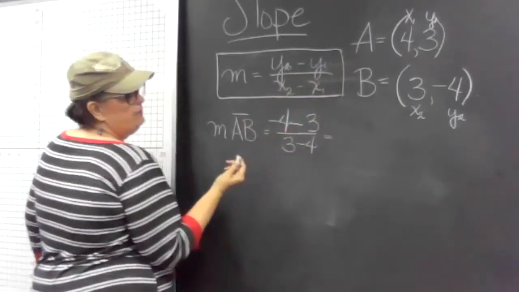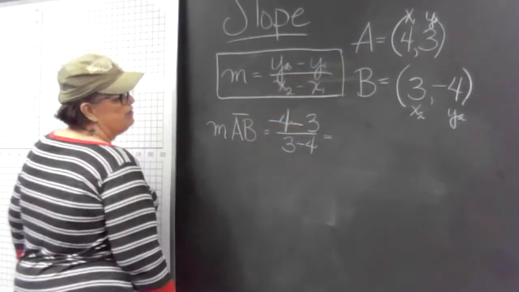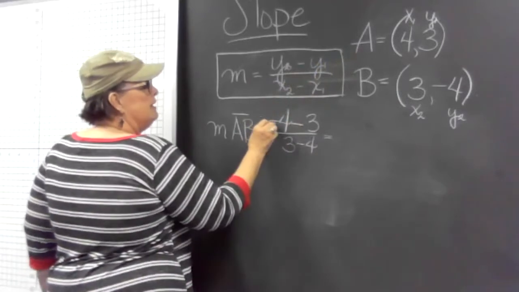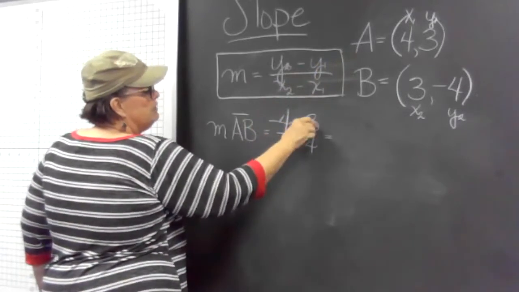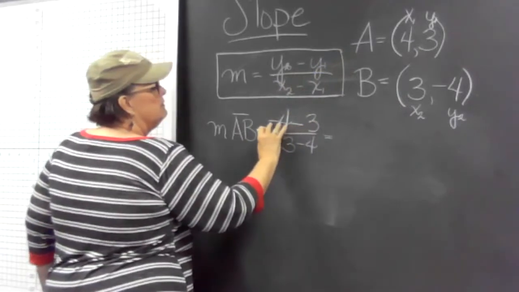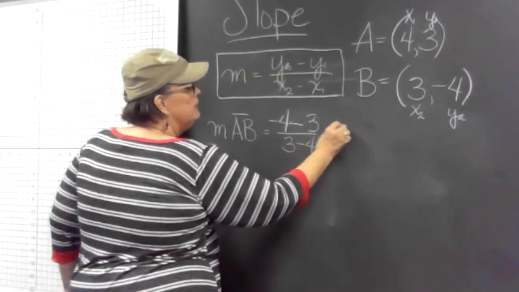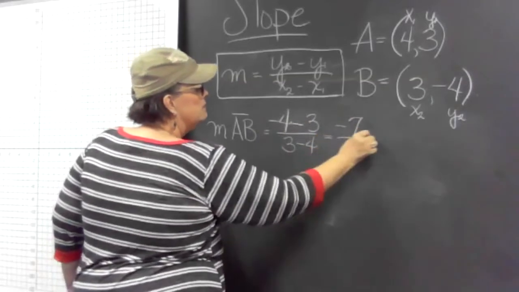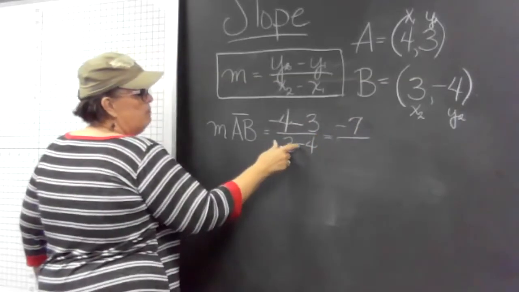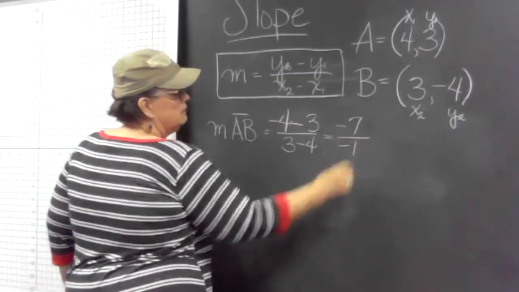Then all you have to do after this is calculate the top, calculate the bottom, and simplify your fraction. So a -4 minus 3 is like a bunch of negatives put together. So I have -4 and I have a -3, so I really have -7 here. 3 minus 4 will make this a -1.